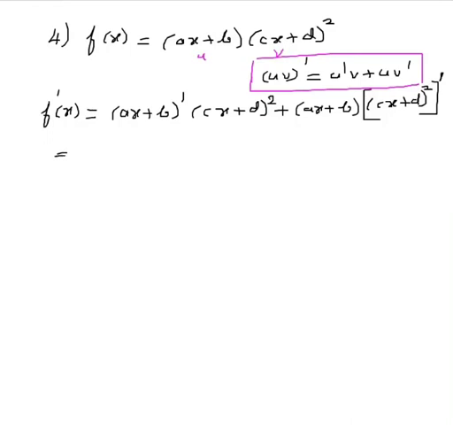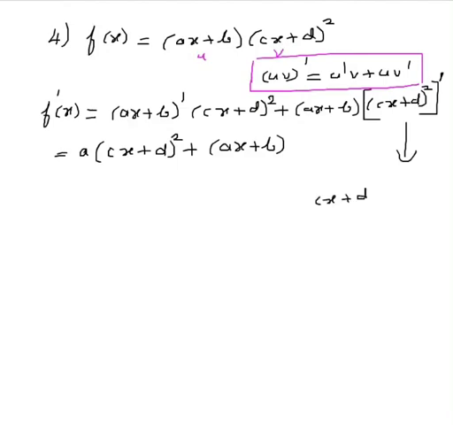Let's differentiate. A times differential of x with respect to x is 1 and differential of the constant b is 0. So a plus 0 is a times cx plus d the whole square plus ax plus b. Here I am going to use chain rule.